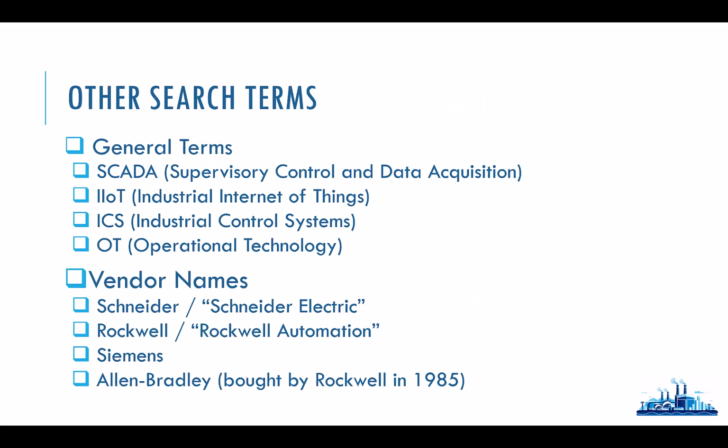Now, we talked about, again, SCADA. We also can look at IIoT, which actually can turn up some interesting results. So IIoT is the industrial Internet of Things. So we're actually purposefully taking industrial control systems and connecting them to the power of the cloud, right, or to the internet.